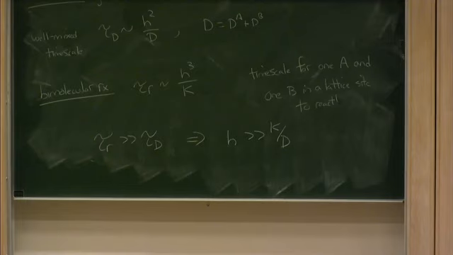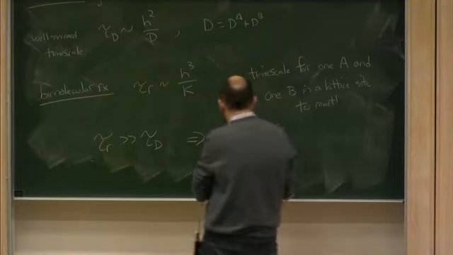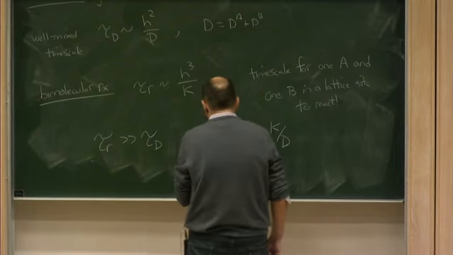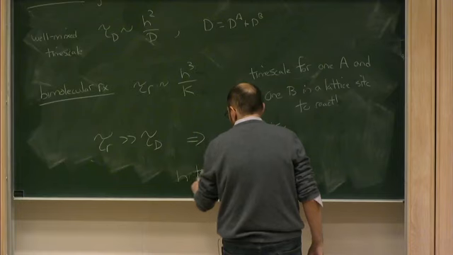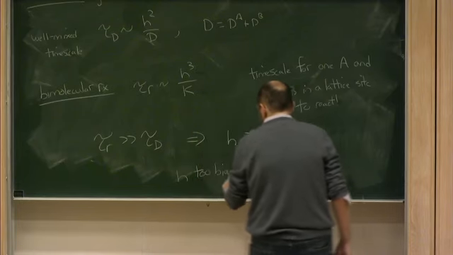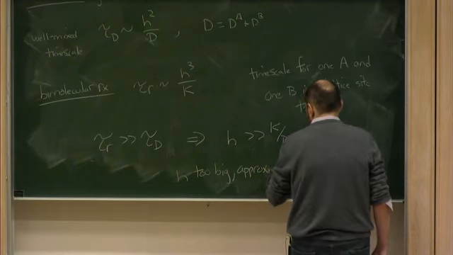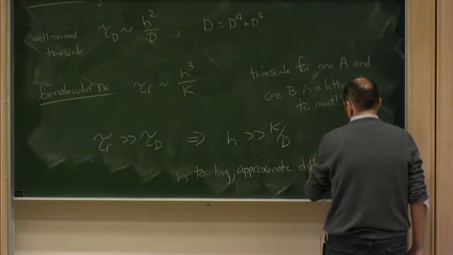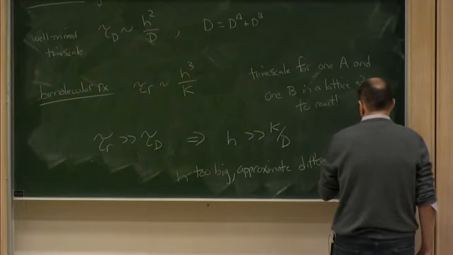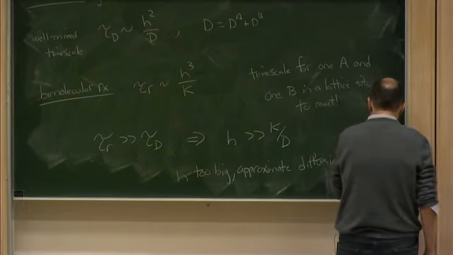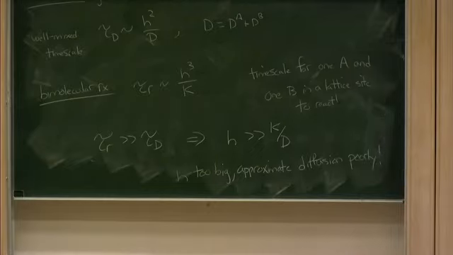So you have this kind of competition. h can't be too small, or you break down the bimolecular reaction mechanism. If h is too big, you approximate diffusion poorly. And that's the formal justification for the RDME.